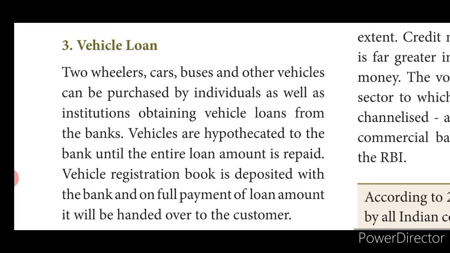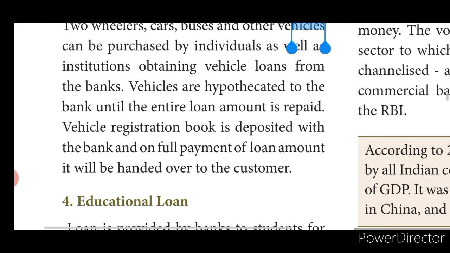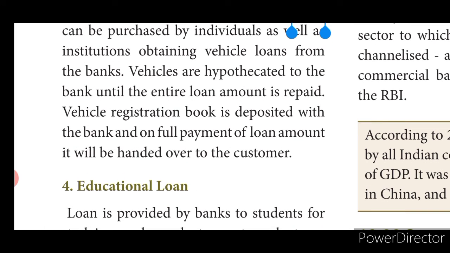Two-wheelers, cars, buses and other vehicles can be purchased by individuals as well as institutions by obtaining a vehicle loan from the bank. Vehicles are hypothecated to the bank until the entire amount is repaid. The vehicle registration book is deposited with the bank, and on full payment of the loan amount, it will be handed over to the customer.